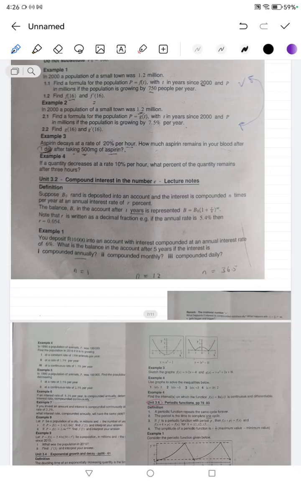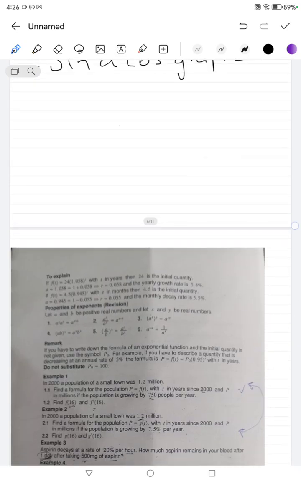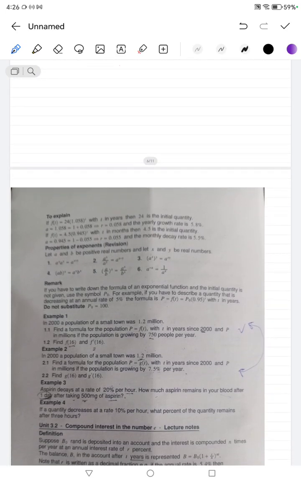Example 3, they're saying aspirin decays at a rate of 20% per hour. So they say how much aspirin remains in your blood after 1 day after taking 500 milligrams of aspirin. You see, now you also have to consider this part where they're explaining your decay and your rate.